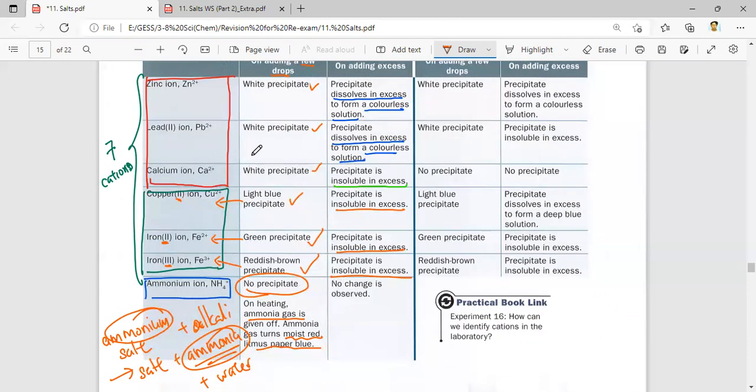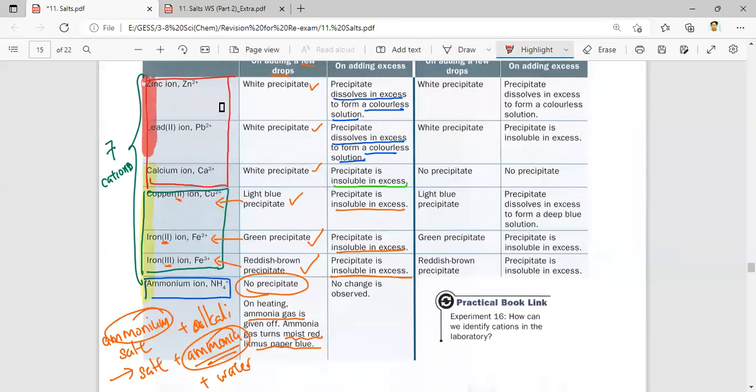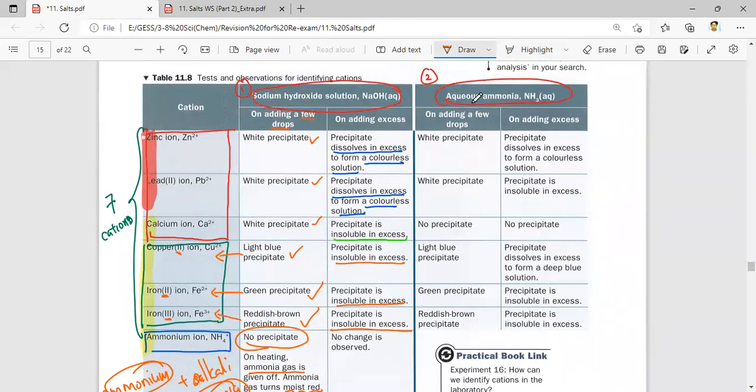That means you can differentiate these 5 from one another. But you have issues differentiating these 2, because they have the same observation. So what to do next is, let's use aqueous ammonia. Why? Let's take a look.